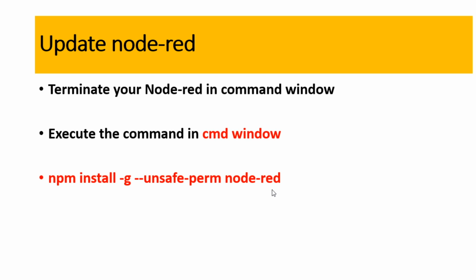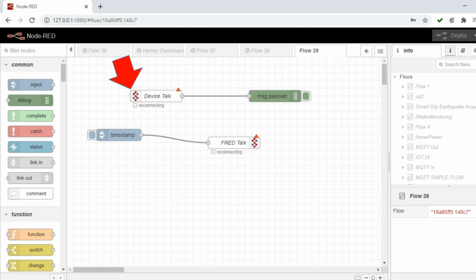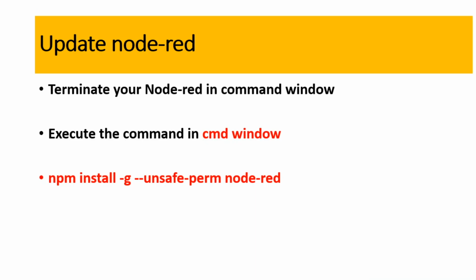This will update to the latest version of your Node-RED. I got a connection error and it kept reconnecting, so I identified that my Node-RED had to be updated, and I updated it. If it gets connected, you don't need to update Node-RED.